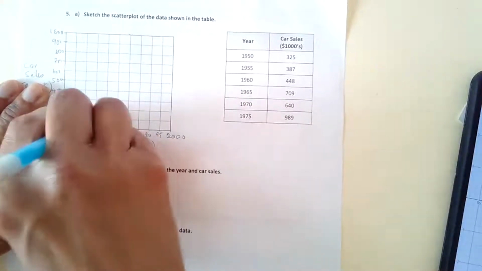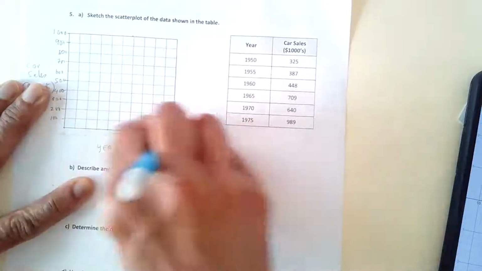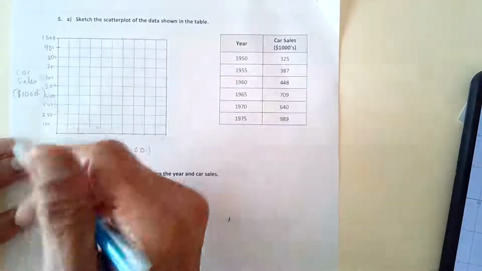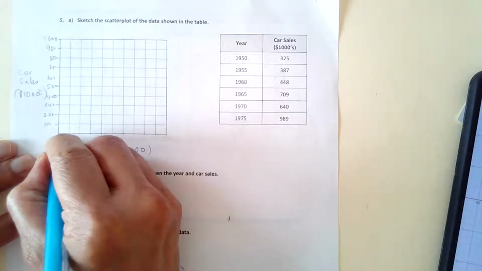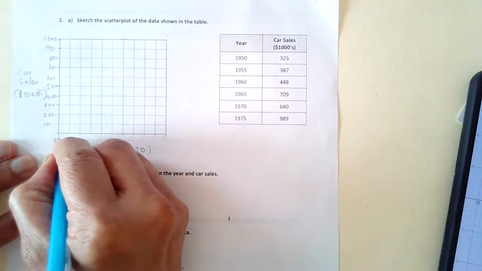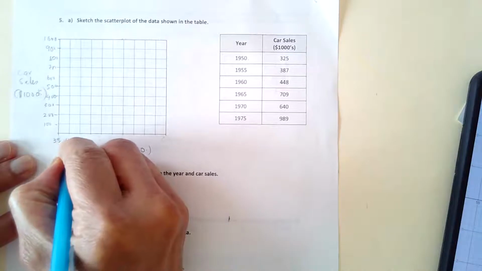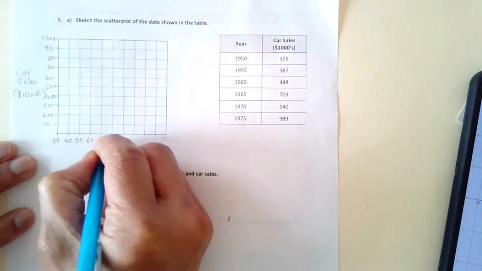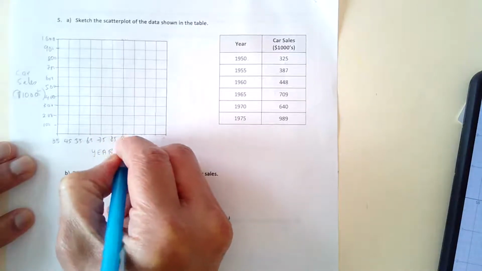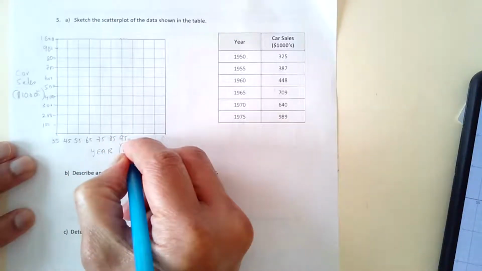So I notice this graph will come out better. So what I would like to do now, make this from 35. Make it for 10 years, 45, 55, 65, 75, 85, 95. Now this will be 2005.